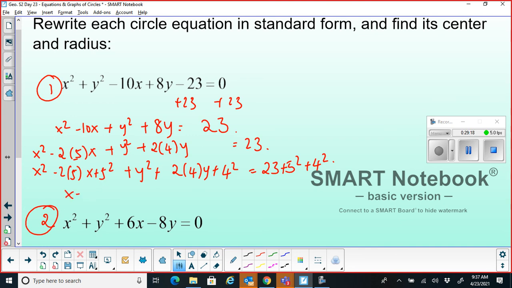So this can be written as x minus 5 whole square, and this can be written as y plus 4 whole square equals, I have 23 plus 5 square plus 4 square, which is 5 square is 25 and 4 square is 16. So 25 plus 16 plus 23 gives us 64.